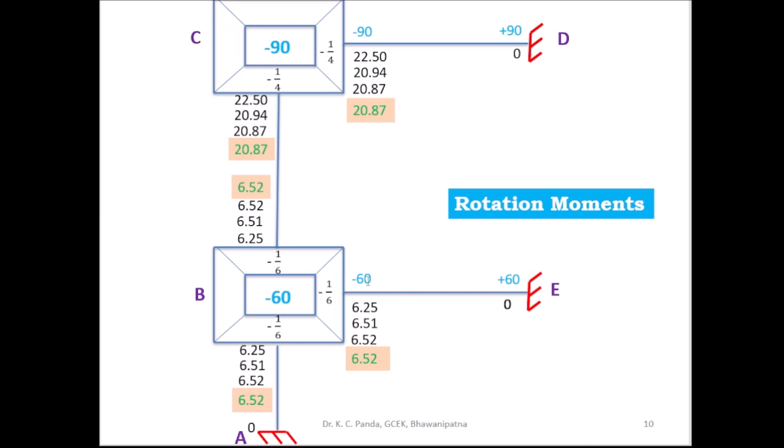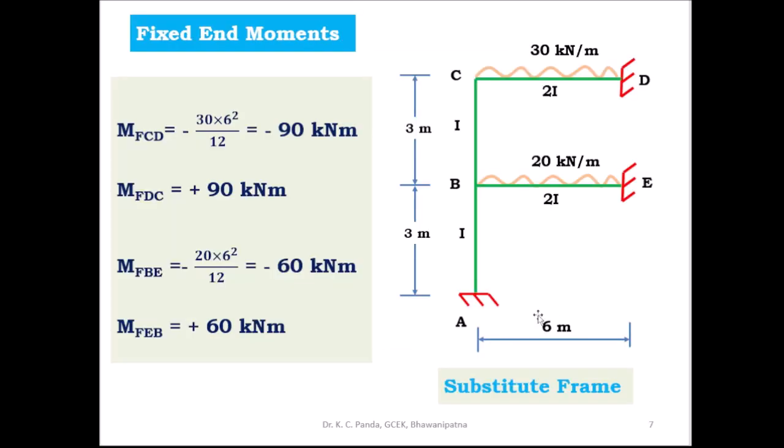Then find out the rotation moments. In this tabular form, find out the rotation moments. So here there are 2 joints, one joint B and second joint is your C. And this is the substituted frame A, B, C, D, E. At joint B make 2 rectangles, one large rectangle and inside one small rectangle.